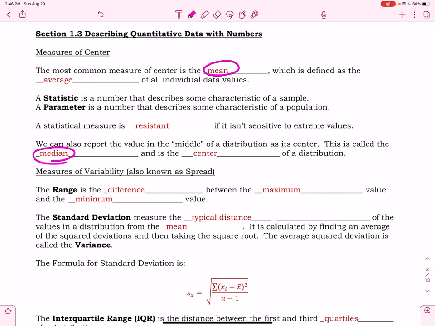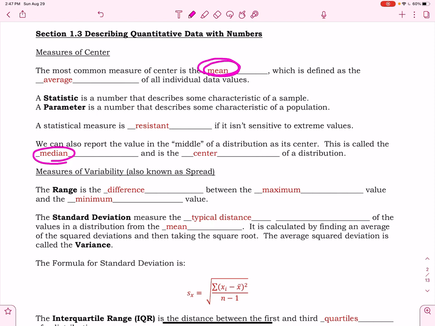Now, you're probably already familiar with these terms. The big thing I want you to pick up on here is the idea that when we're finding the mean of values, we are making a calculation. We are adding those values together and dividing by how many there are.